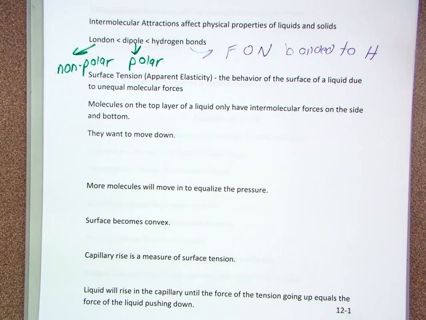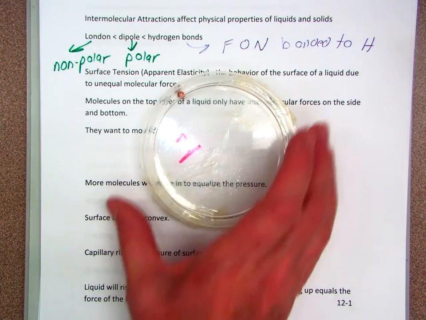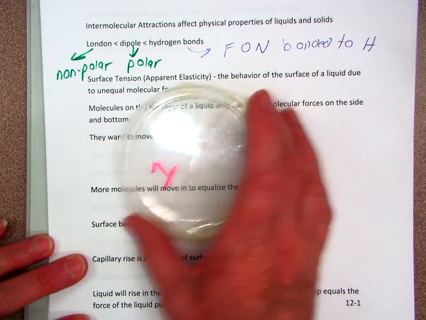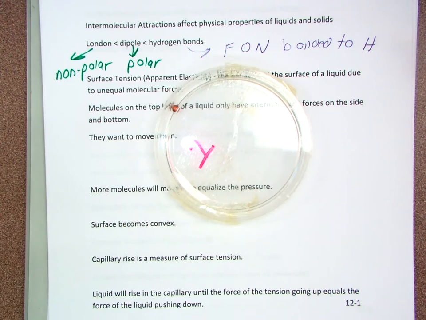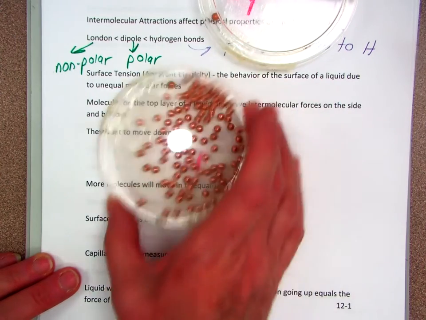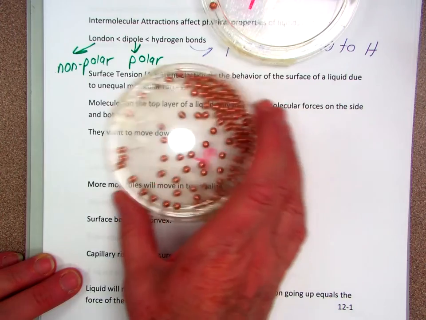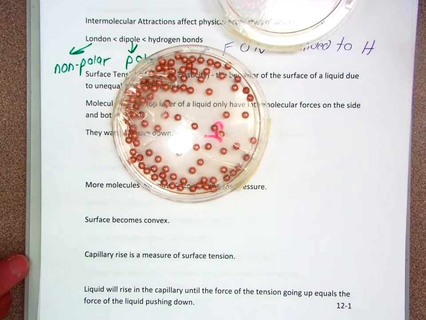And when we think about this, it makes sense because we have this variation. Now, I don't know if you can see that. I think you can. This is representative of a gas. We just have molecules bouncing around in a container, and they're not interacting with each other. There's a lot of distance between them. But when we cool the molecules off and we push them together like a liquid, you can see the liquid molecules are moving around, but they're having a lot of interaction with each other because they're so much closer together.